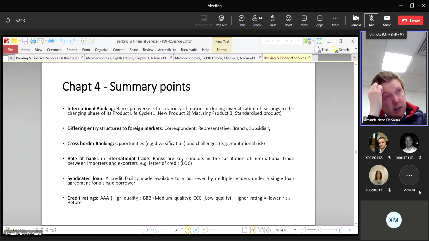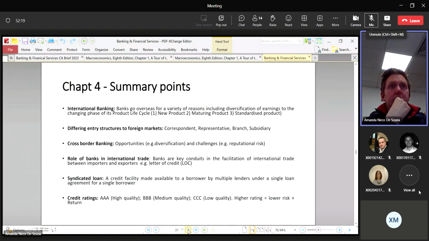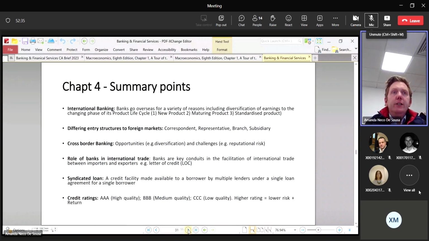We touched then on cross-border banking, and it brings many advantages, but it also brings a lot of disadvantages, and they're detailed on the previous slide, should I say. In terms of the roles of banks in international trade, they're key conduits in the facilitation of international trade between importers and exporters, and we touched on the concept of the letter of credit, and that's the thing I definitely want you to know.